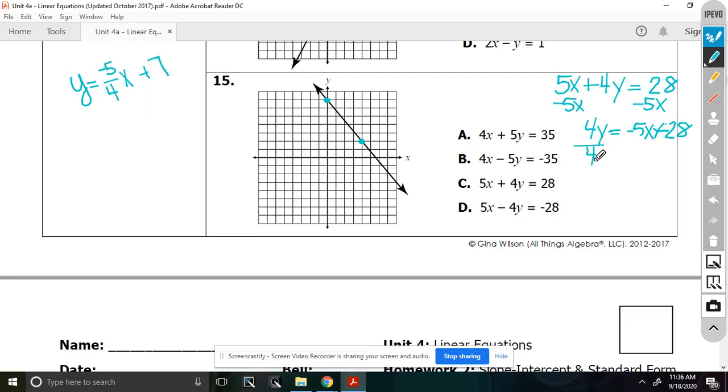Divide by 4. Divide this by 4. So now I have y equals negative 5 over 4x, and then positive 28 divided by 4 gave me a positive 7. So my educated guess was good, and it is C. C is my answer.